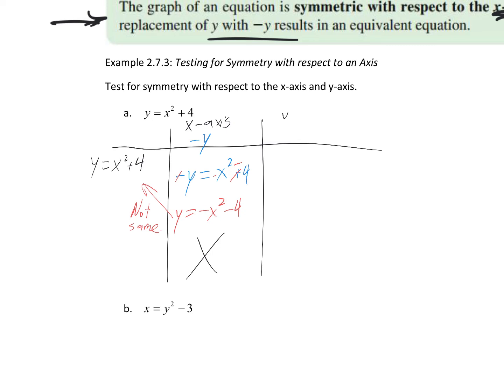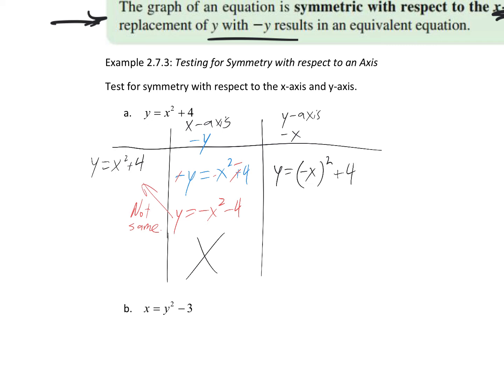And so let's look at y-axis symmetry. Okay, so for y-axis symmetry, remember, we're now going to plug in negative x instead of x. So what it looks like is something like this, y equals (negative x) squared plus 4. Now notice that squared is affecting this entire piece, okay?